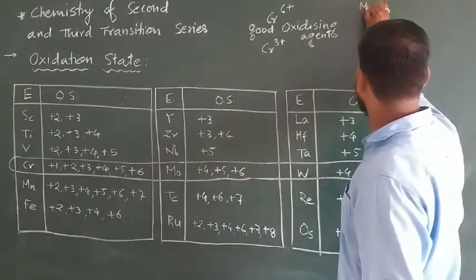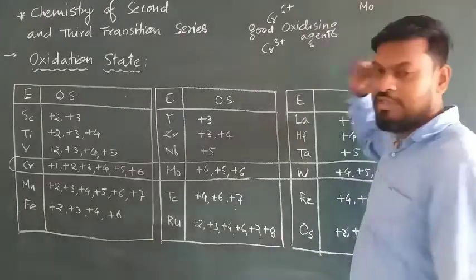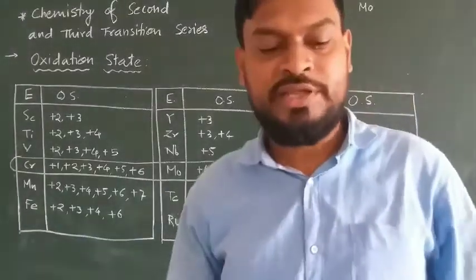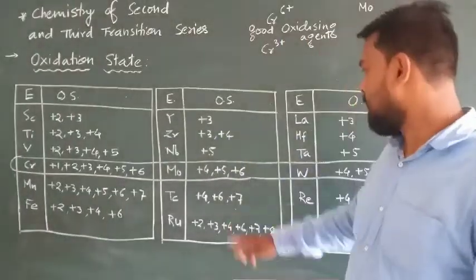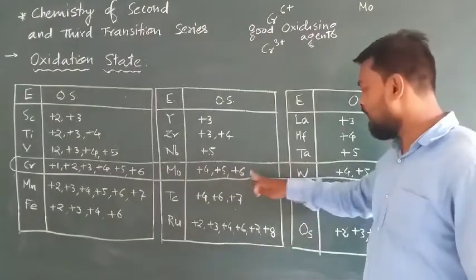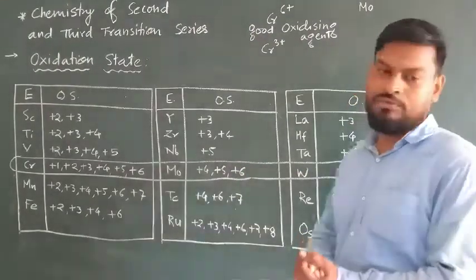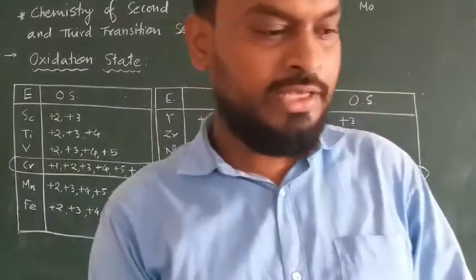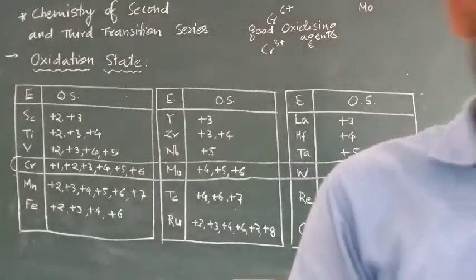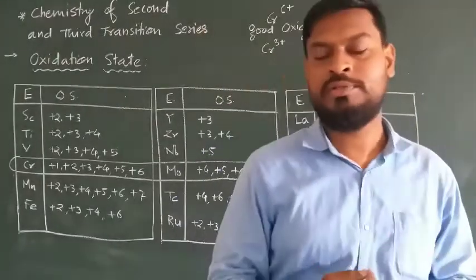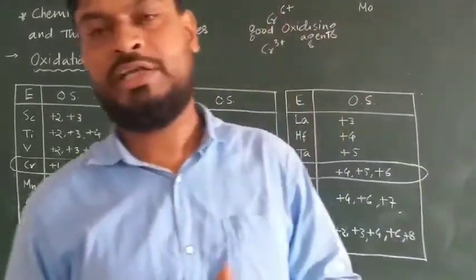Because of this, they are not considered oxidizing agents, since the +3 oxidation state is not stable. Molybdenum and tungsten are very stable at the +6 oxidation state. Like this, you can write 2-3 points regarding the conclusions about the oxidation states of the second and third transition series.